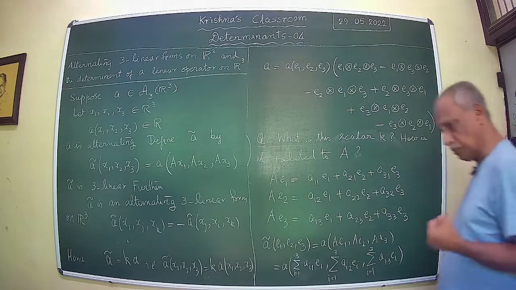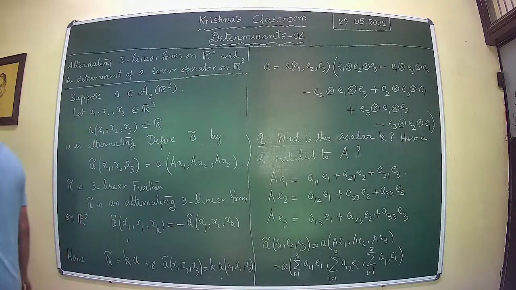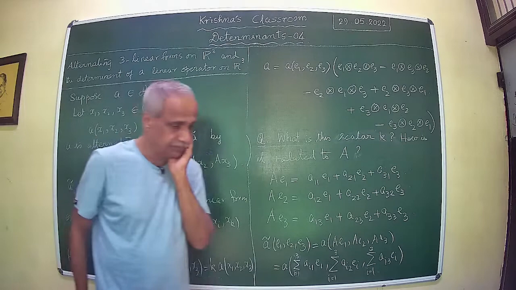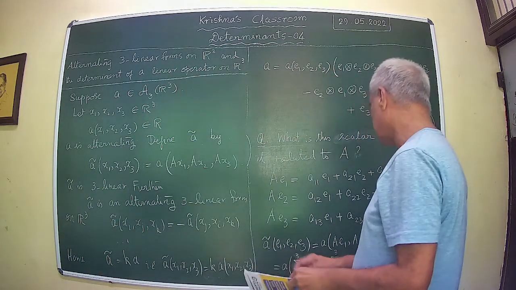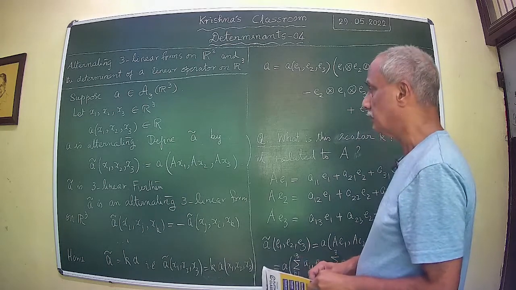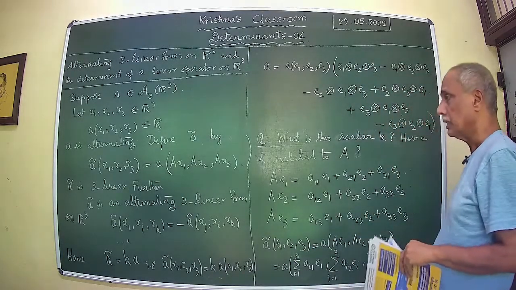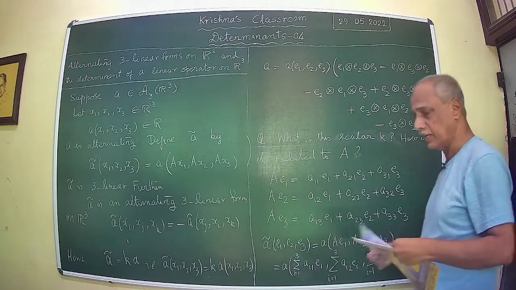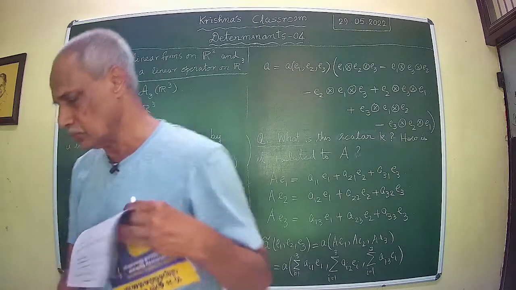Now what we know is that A is alternating and it is a 3 linear form. Therefore, it is linear in each of the arguments when the other 2 are held fixed. So we make use of that.